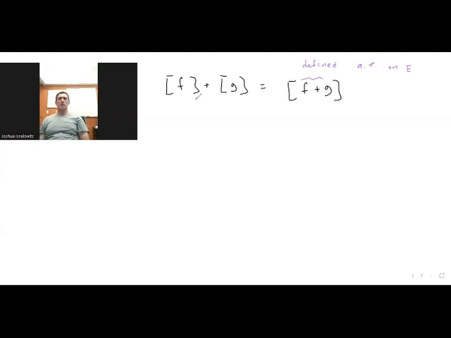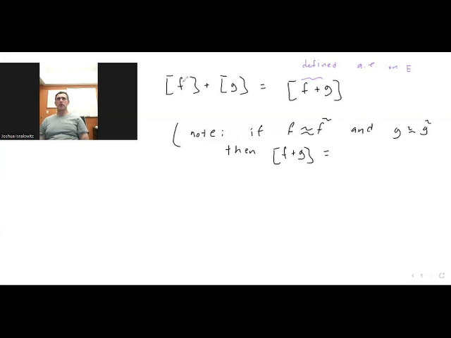Yeah, and you can check this is, again, well defined. Do that if you want. That'd be a nice little homework. So what do I mean by that? So if f is equivalent to f tilde and g is equivalent to g tilde, then these two are the same.